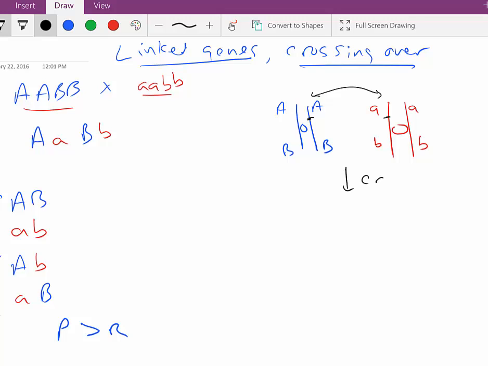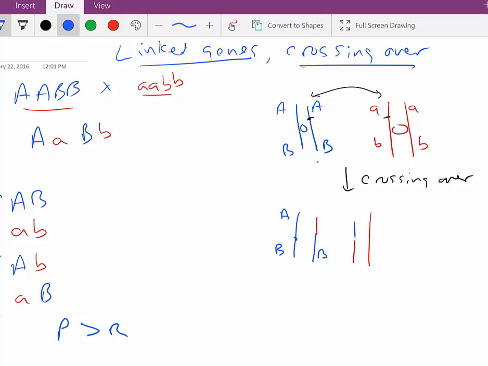So if we get crossing over, this chromosome will stay the same, the chromatid on the outside will stay the same, but this one on the inside here is going to swap material with the other one.